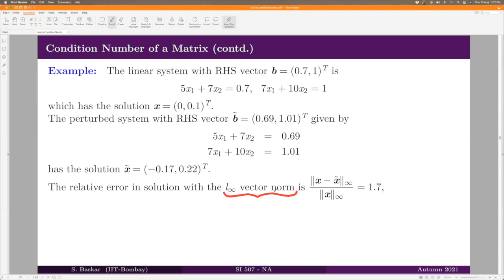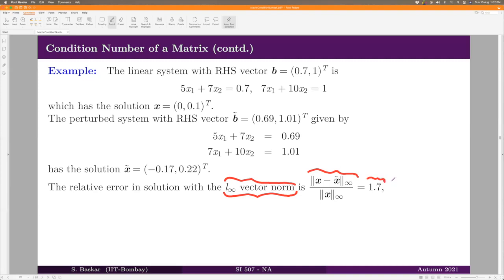I want my life to be a little simple. Therefore, I took the L infinity vector norm because the corresponding subordinate norm is relatively easy to compute. Similarly, one can also take the L1 norm, but I chose to take the L infinity norm. And with respect to that norm, the relative error is given by 1.7.